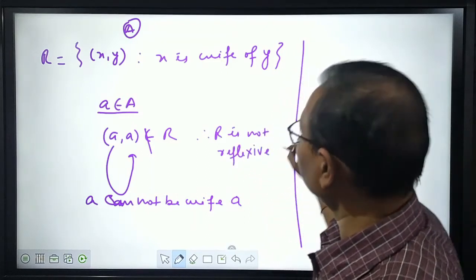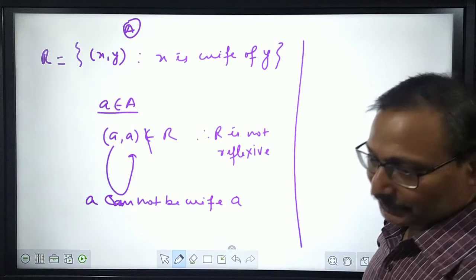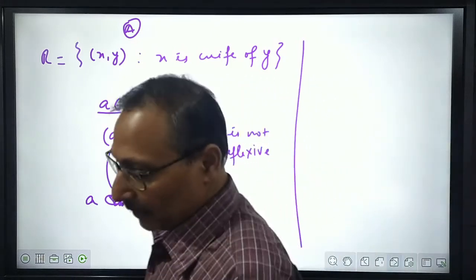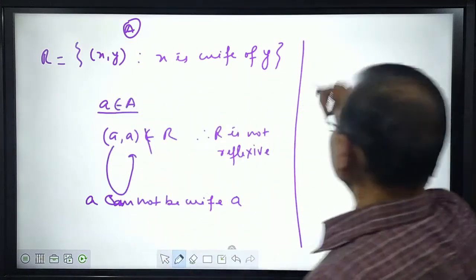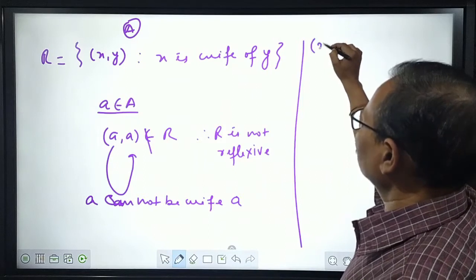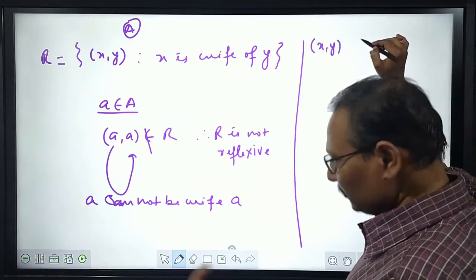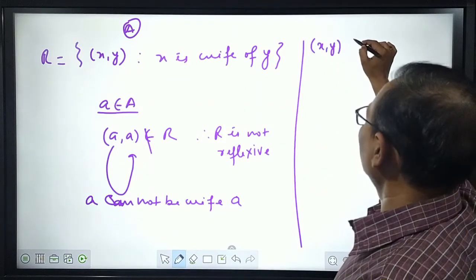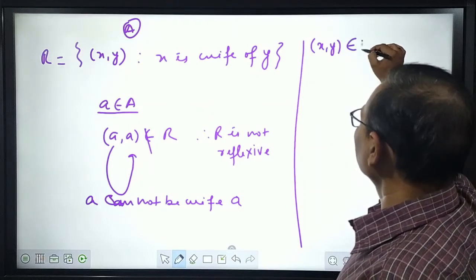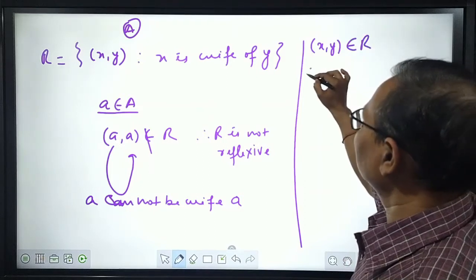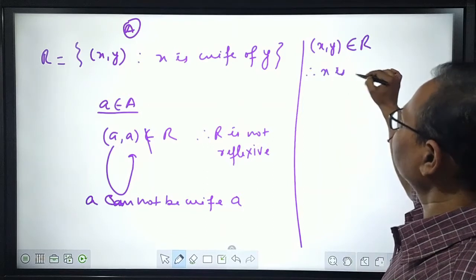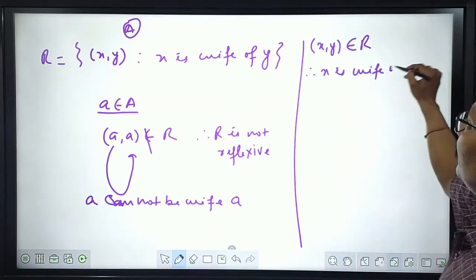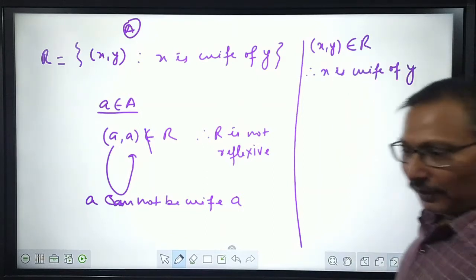Now think about symmetricity. We need to pick a pair from the given relation. Suppose that x comma y belongs to R. It means that x is wife of y.